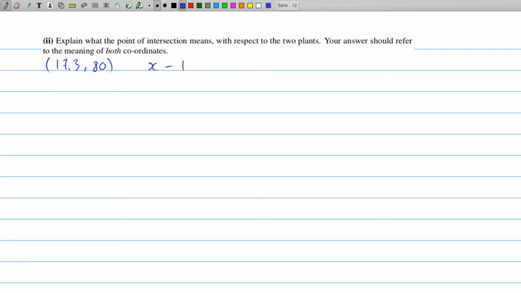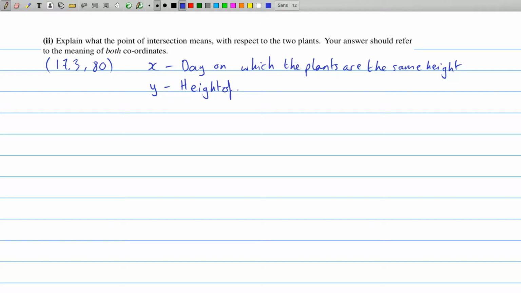So I suppose it's the day on which the plants are the same height. What does the y-coordinate mean? Well, again, go back to what you're actually representing on that graph. The y-coordinate is the height of the plants on this day.